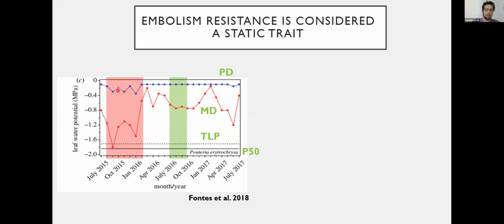Fontes measured the dynamic water potential. Here in blue is pre-dawn, in red is midday, and compared it to a static value of a turgor loss point and P50.